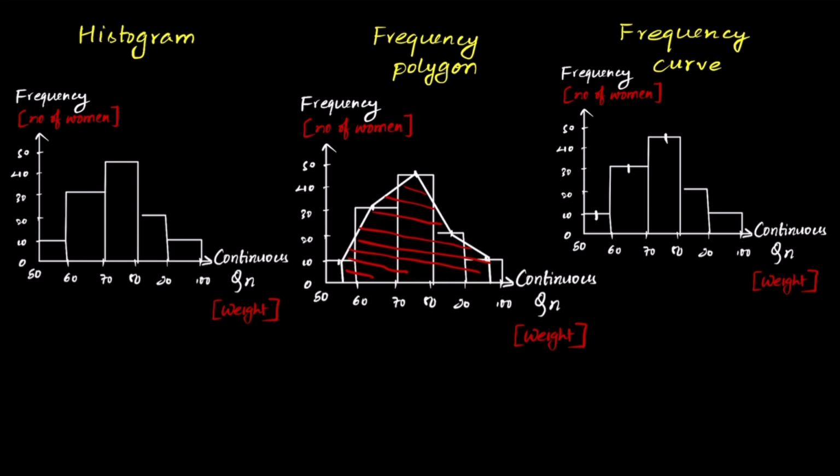Instead of joining them with the help of straight lines, draw curves along them. So these are the curves. This curve that you get is the frequency curve, and this is how you can draw frequency polygon and frequency curve from a histogram. All three of them are used to represent continuous quantitative data.